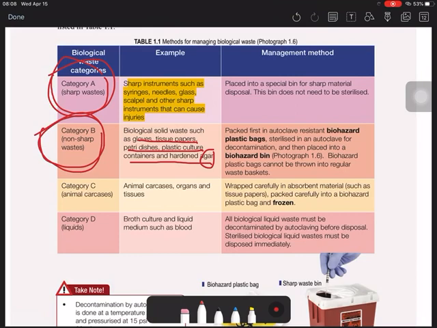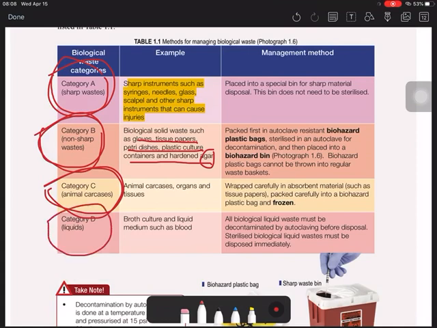Next is category C, animal carcasses. If we decide to dissect the frog this year, or the rat or the fish, all those animal carcasses fall into category C. The last category is liquids.